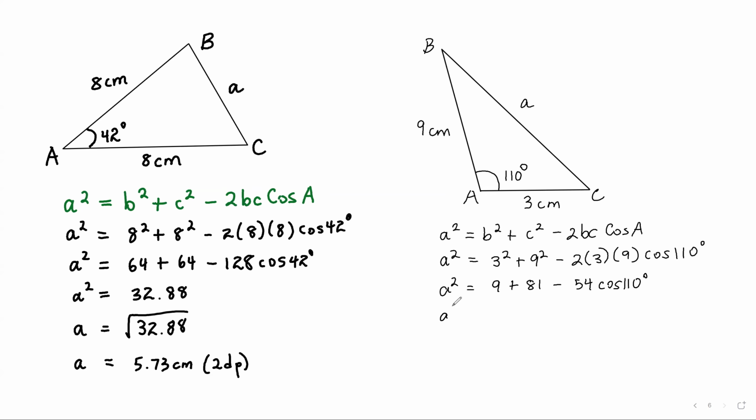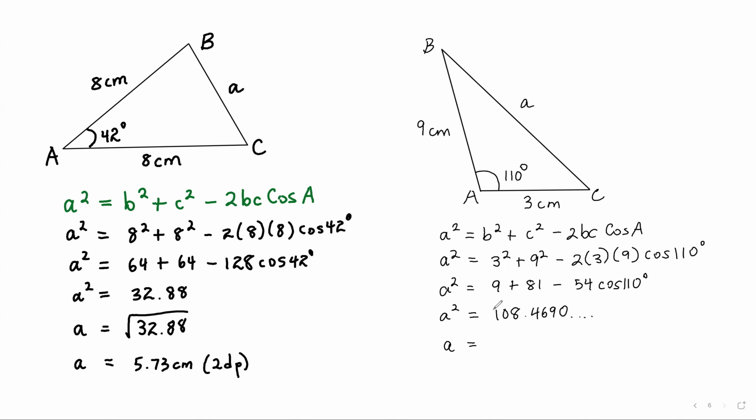I'm going to type this entire thing into my calculator. So 3 squared plus 9 squared minus 2 times 3 times 9 cos of 110. I got 108.469. I'm leaving the full value on my calculator and then I press square root.